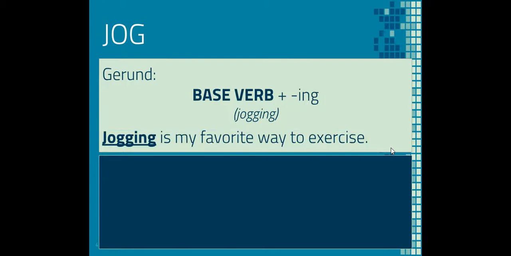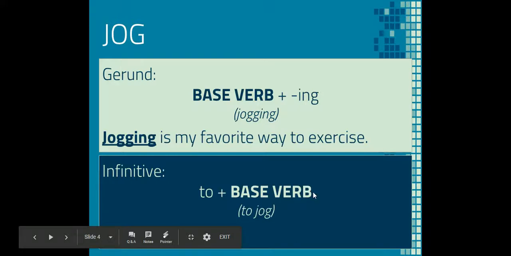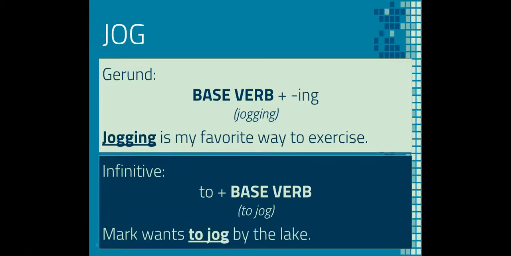In the infinitive, how do we make it? We take to, and then we add the base verb. This is actually what you see in the dictionary when you look up actions, verbs, right? So jog becomes to jog.